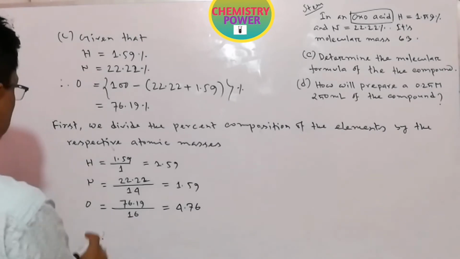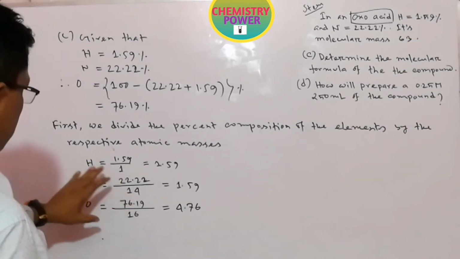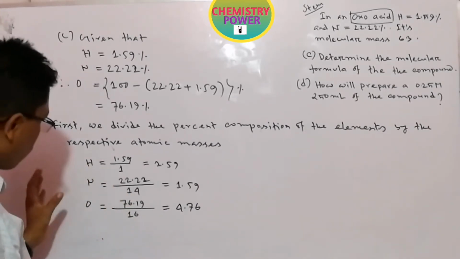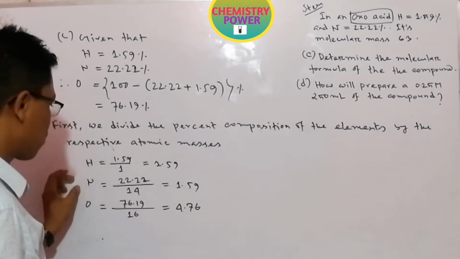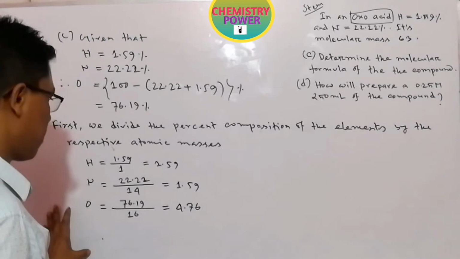After that we have to find out the ratio of hydrogen, nitrogen and oxygen elements.